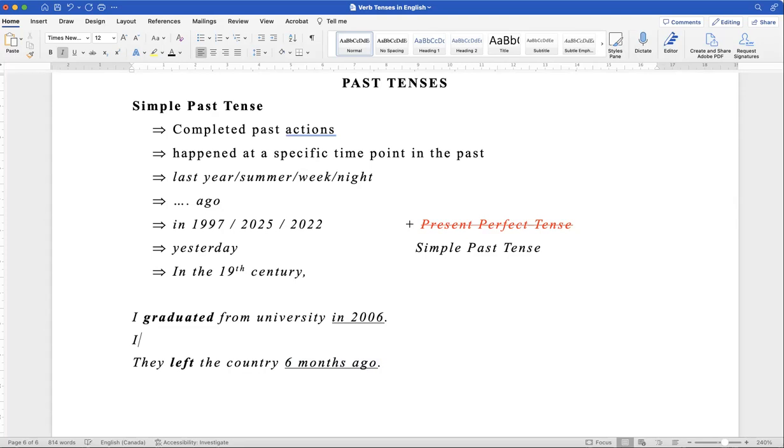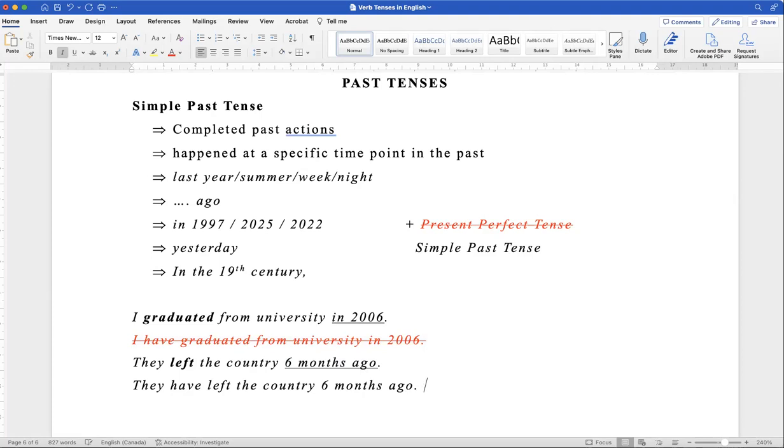So can I say I have graduated from university in 2006? No, I cannot say this because we don't use a specific time point with present perfect tense. In simple past tense, we need a specific time point. Or can I say they have left the country 6 months ago?